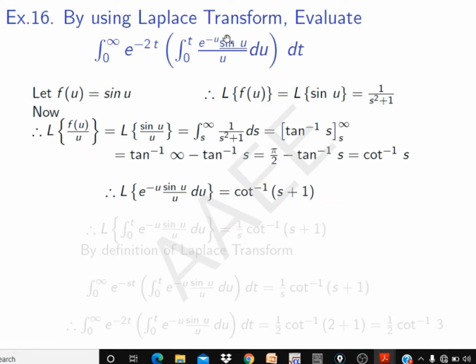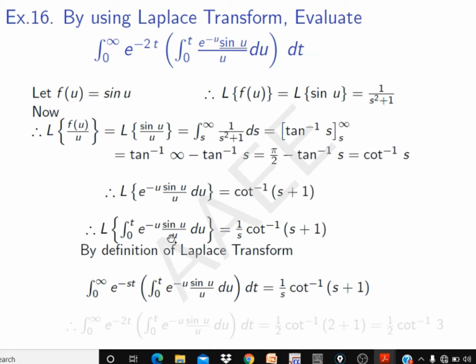First we found the Laplace transform of the sine function, then divided by u, then the exponential, that is the shifting property, and now we apply the formula for the Laplace transform of the integral from 0 to t of f of u du, for which you prefix 1 by s: 1 by s cot inverse of s plus 1.